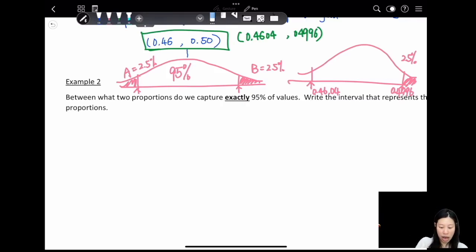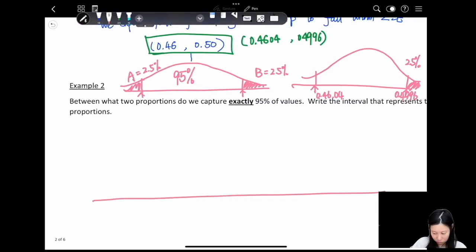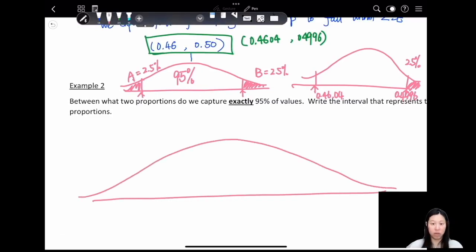So I showed you the example earlier. In a normal distribution, it's a bell-shaped curve. Not just a bell-shaped curve, it's a symmetric bell-shaped curve. So we want to catch exactly 95% of the values. Remember, it's not the left 95% or the right 95%.